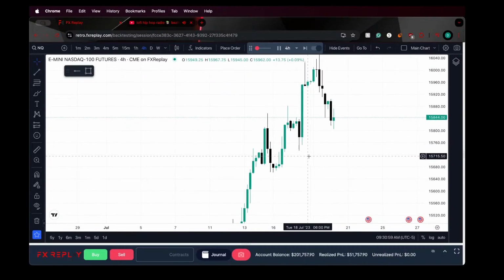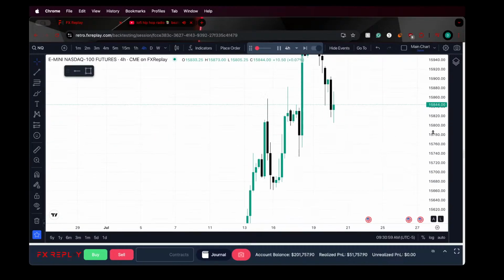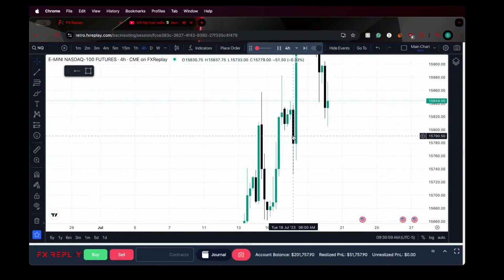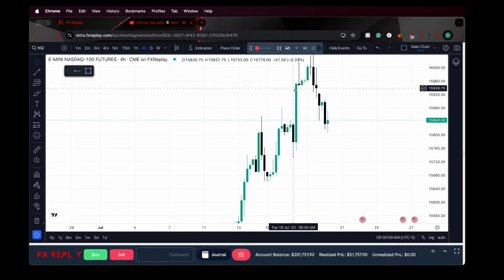For example, let me show you. This candle right here would not be considered a bullish order block yet until this candle right here, how we closed above it, because all of these wicks are not closes.